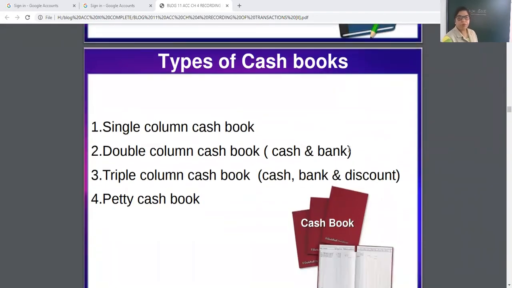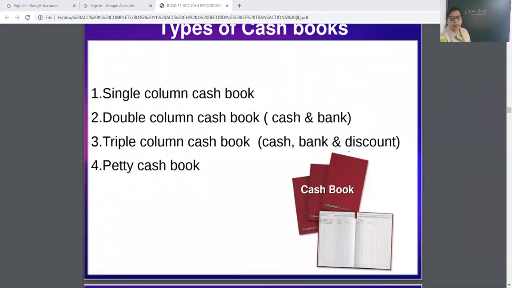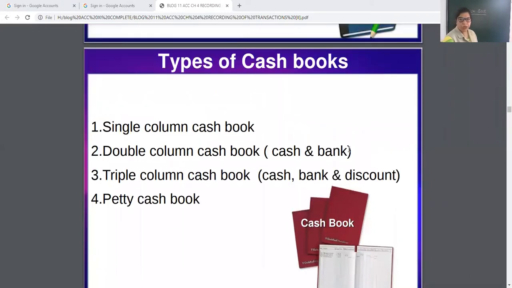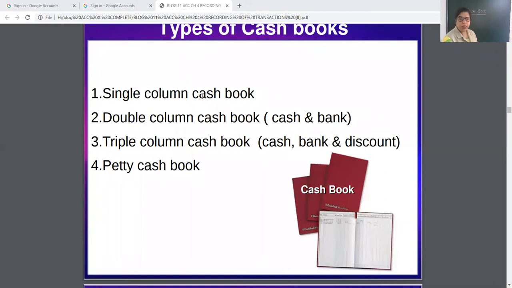Now see, there are basically four types of cash book: single column cash book, double column cash book, and cash and bank column. As I told you, in the present scenario, it is not possible for a businessman to work without a bank account.